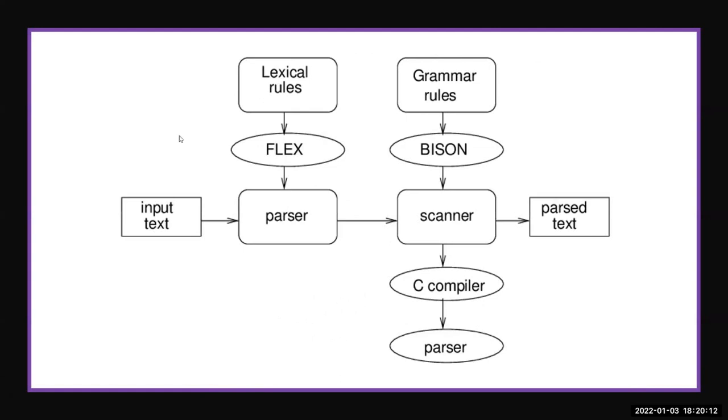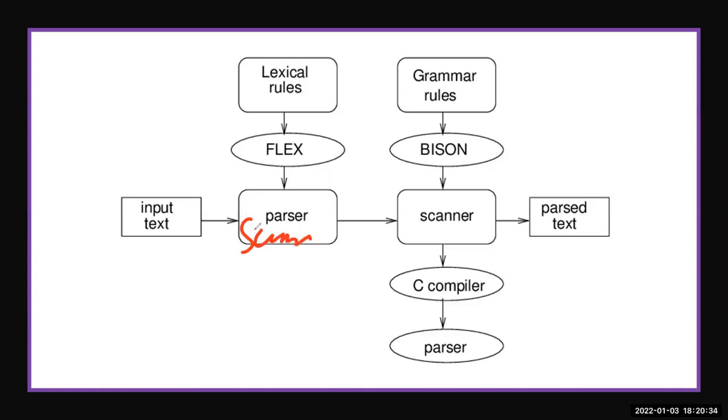Okay, here we show you a compiler structure that takes the program input. We also use the lexical rules to create the so-called scanner. I see the parser and scanner are mixed up here. The scanner should be on the left side, so this one is actually the scanner.